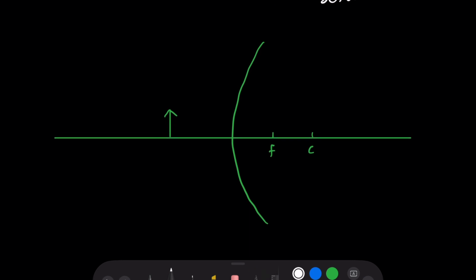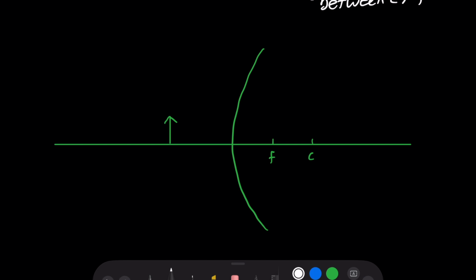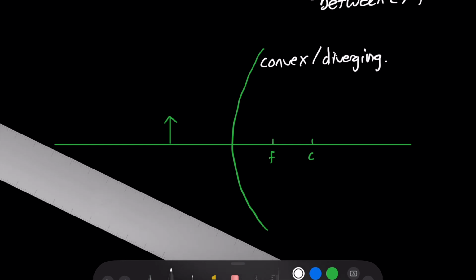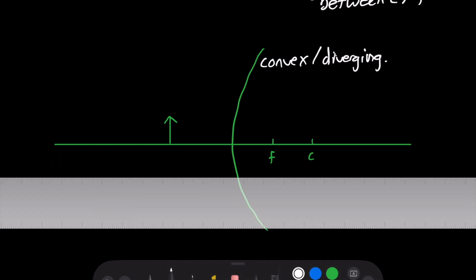Our second example, a little bit different. We have a convex or diverging mirror. So we can still use the same rules, but we might have to adjust them just a little bit. So if we pull out our ruler here, let's look at rule 1.